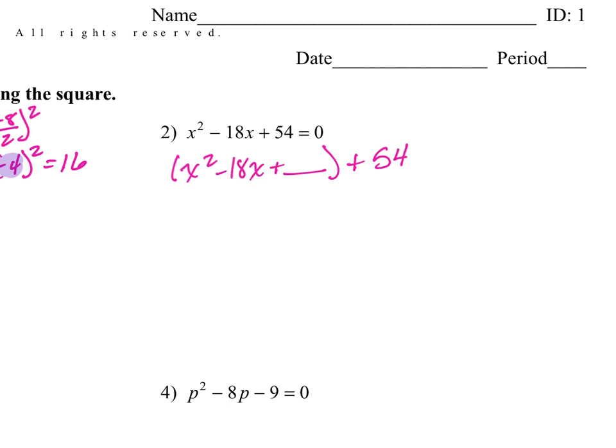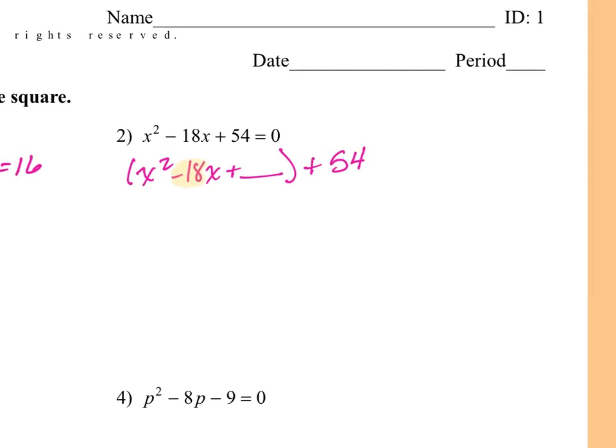Okay? Now I'm going to take this negative 18 and find out what C is, just like what we've been doing. So I'm just going to come over here to the side. I'm going to say C equals negative 18 divided by 2 squared.